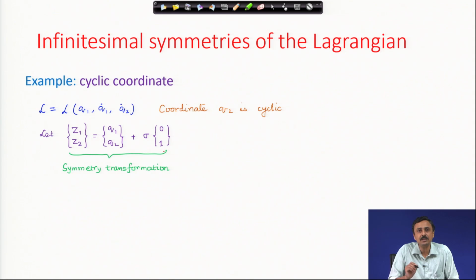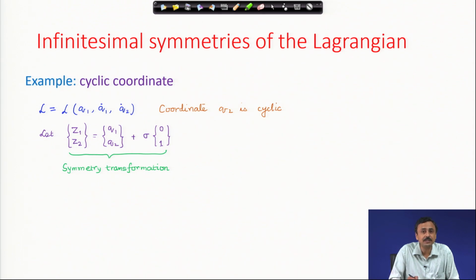That means, I am giving a shift to only the q2 coordinate, and this is a symmetry transformation, because q2 is anyway not there, so whatever value of sigma I add, it will hardly matter. This is a trivial example, but what I am trying to show is that everything falls under the scheme of things under Noether's theorem.